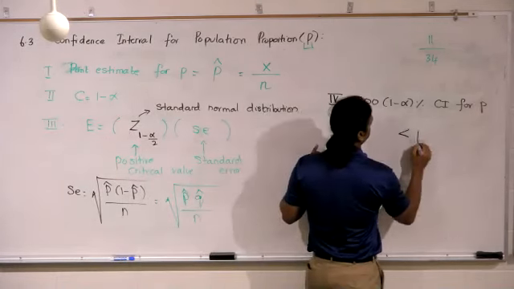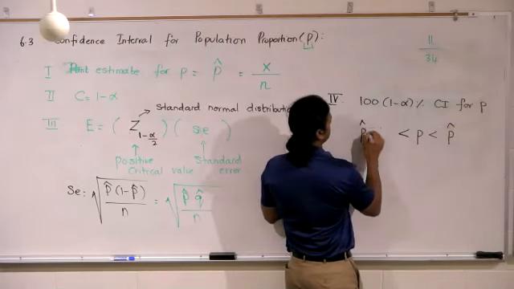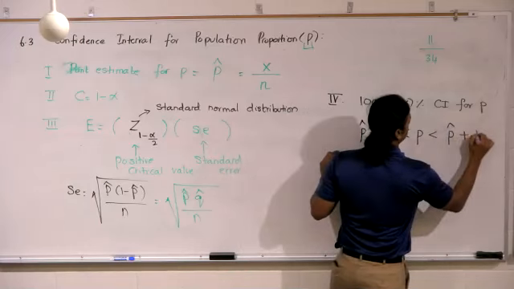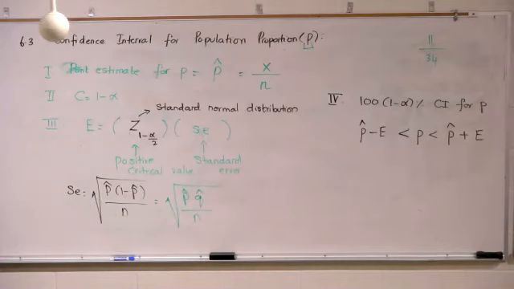Here, we are going to add and subtract the margin of error to and from the point estimate.